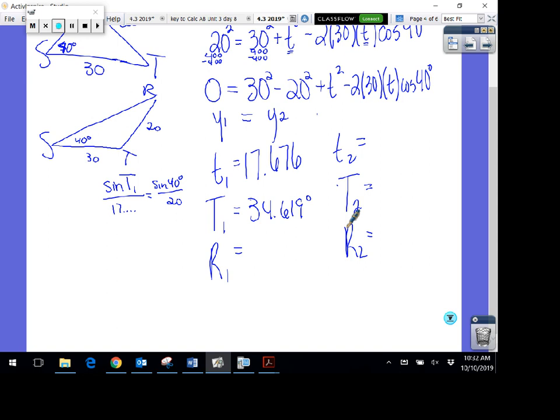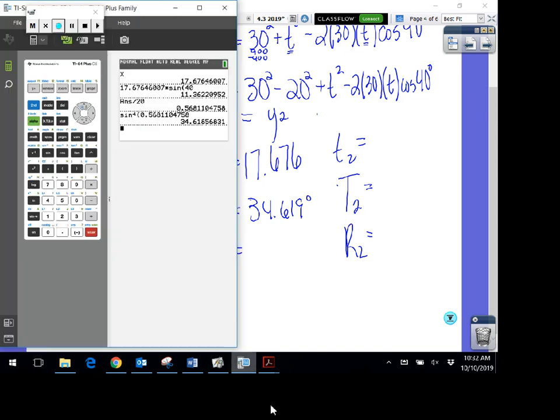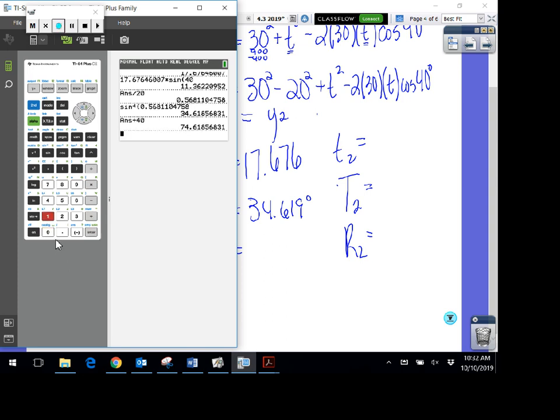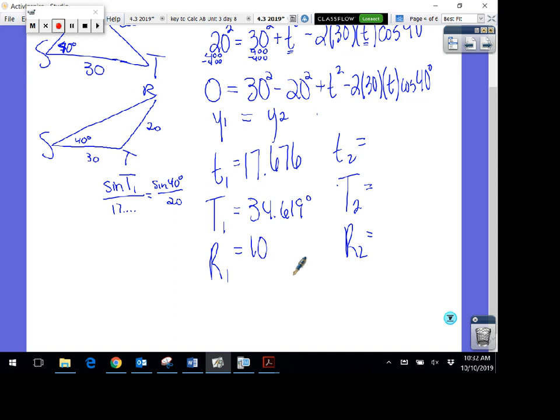Now we have two of the three angles. Add the one that was given. Subtract from 180. And you have your third angle, 105.381 degrees. And there's one triangle. Now we got to do all that again for the other triangle.